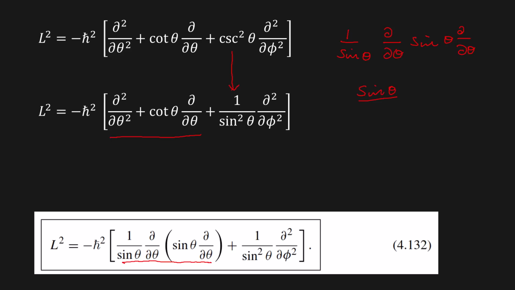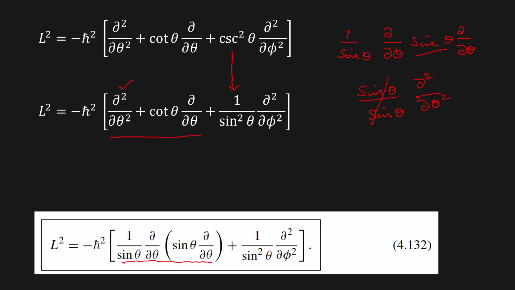Here you have one sine theta term in the denominator. Then this will become delta 2 over delta theta 2. If you keep this as it is and differentiate the second term, this will get cancelled. So you will get this term.